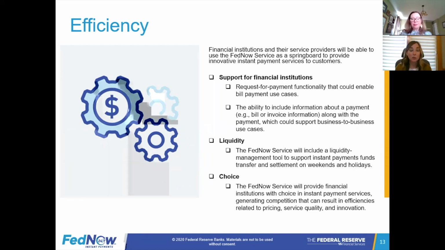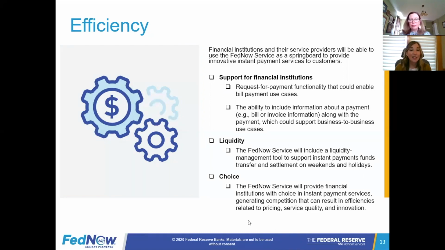Banks and their service providers will be able to use the FedNow service really as a platform or springboard to provide innovative instant payment services to customers. At launch, these services include a request for payment functionality that could enable bill payment use cases, and the ability to include information about a payment, such as bill or invoice information, along with the payment, which could support B2B use cases.